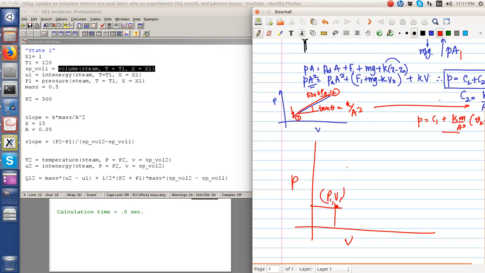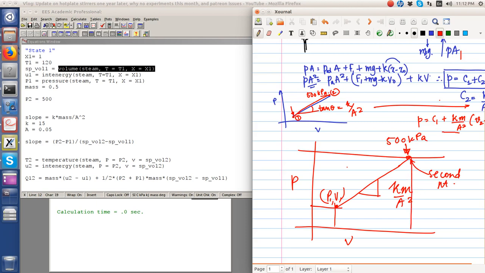The slope of the line is equal to Km by A square, and we know that the final pressure is at 500 kilopascal. Therefore the second point is also specified because there is only one point of intersection.